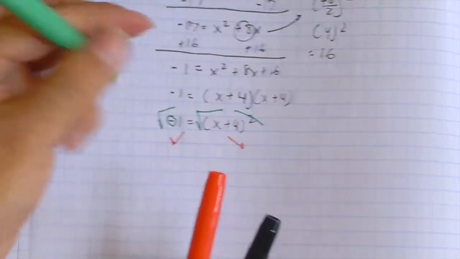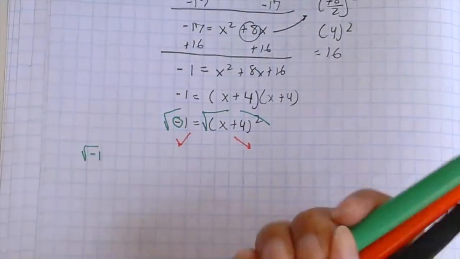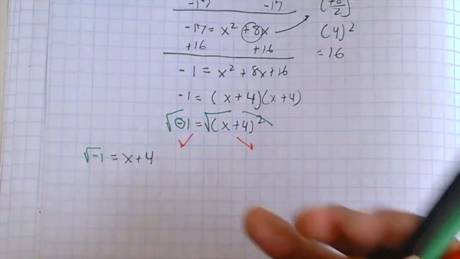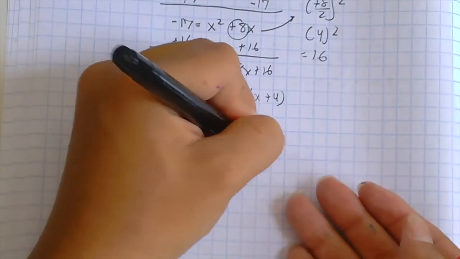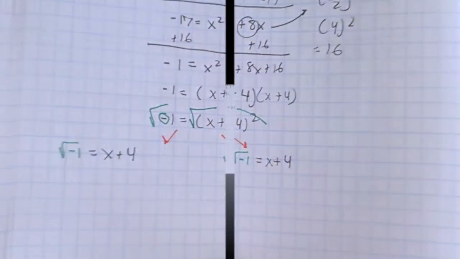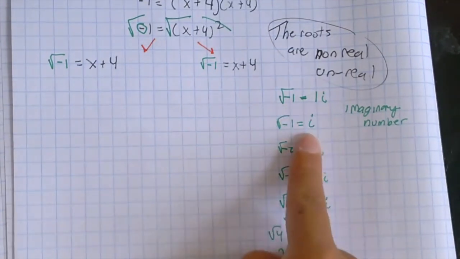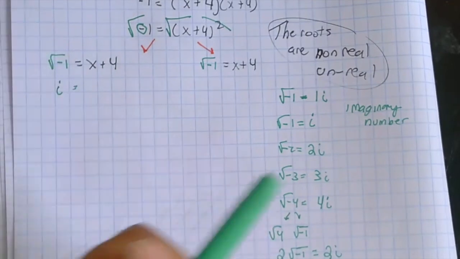So we have square root of negative 1 equals x plus 4, and square root of negative 1 equals x plus 4. So going back to here, the square root of negative 1 is 1i, or just i. So we just write it like that.